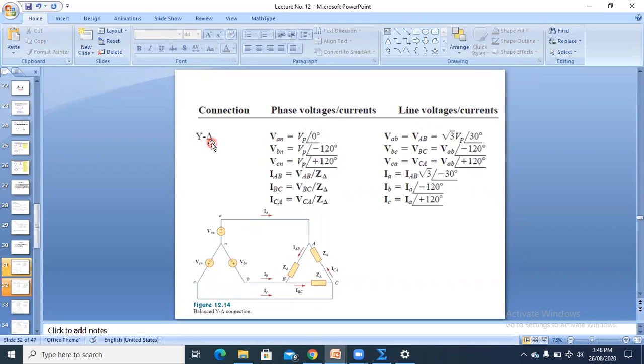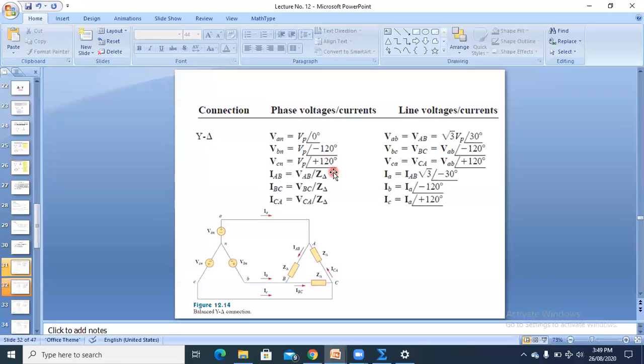In this system, the phase voltage is given by the same formulas as in the Y connected system. What about the line voltage? Line voltage is again √3 Vp at the angle of 30 degrees, as we have seen in the previous case.